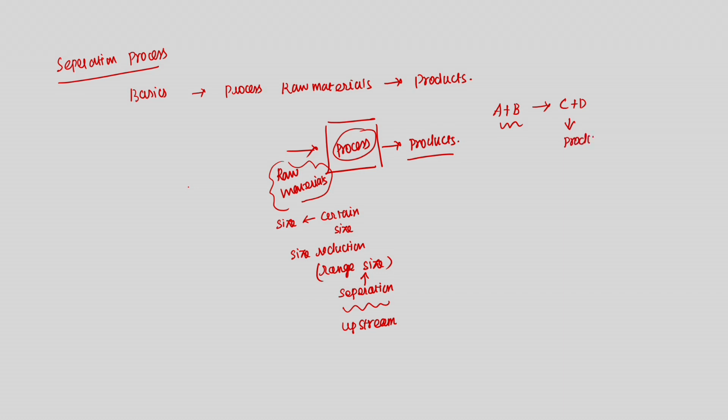In the C plus D my interest would be only in D, I would want only D. In that case also I will go for a separation process to separate D from C. So, conventionally separation can be on the upstream side or on the downstream side, based on the requirements. Sometimes the process itself is a separation process. In most industries the separation process itself is the main process.